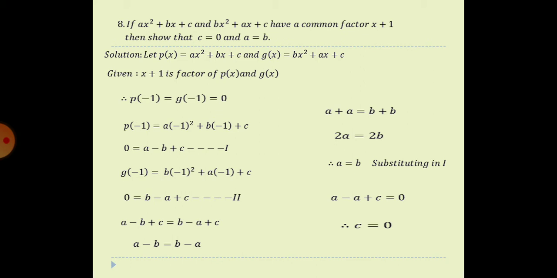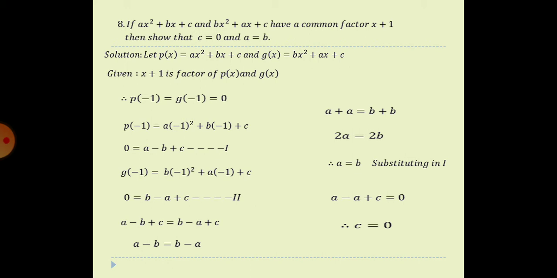Let us suppose the first polynomial to be p(x) and the second polynomial to be g(x). That is, p(x) is equal to ax square plus bx plus c. G(x) is equal to bx square plus ax plus c. X plus 1 is a factor. So p of minus 1 and g of minus 1 both are 0. Or we can say that p of minus 1 equals g of minus 1.